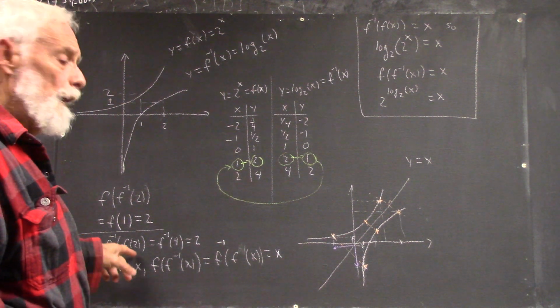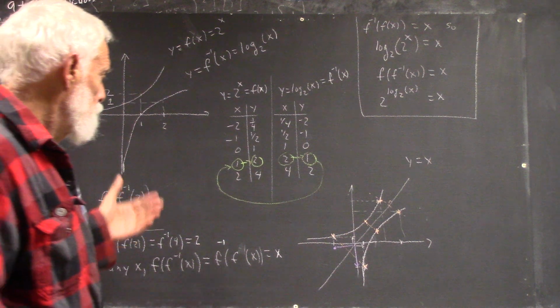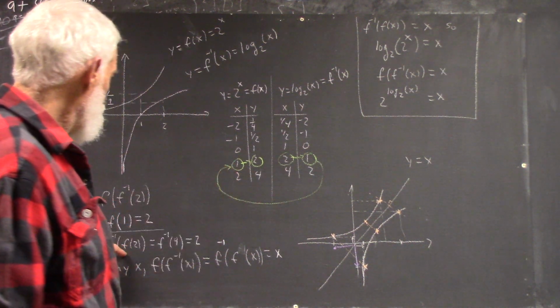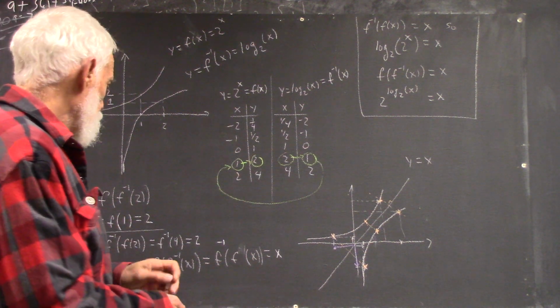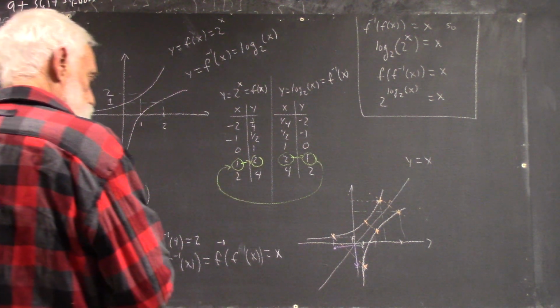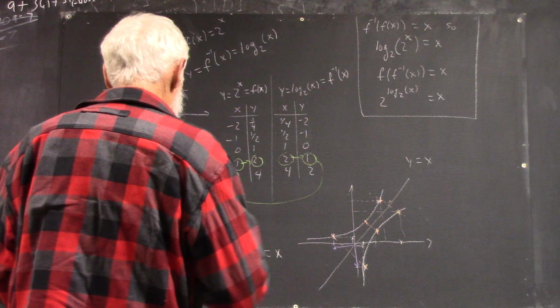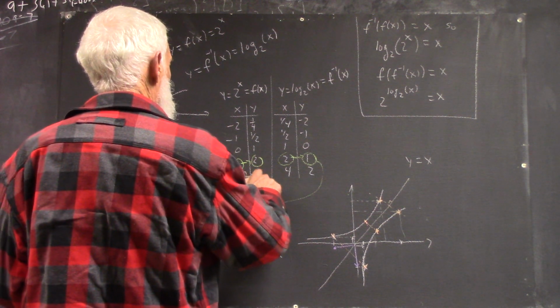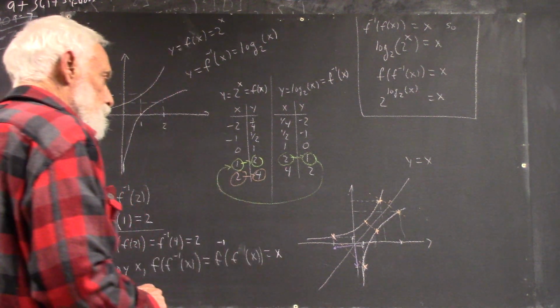Okay, and then f inverse of f of 2. Well, we use the same thing, but we're doing f of 2. So we start with 2. And we get 4, which is our f of 2.